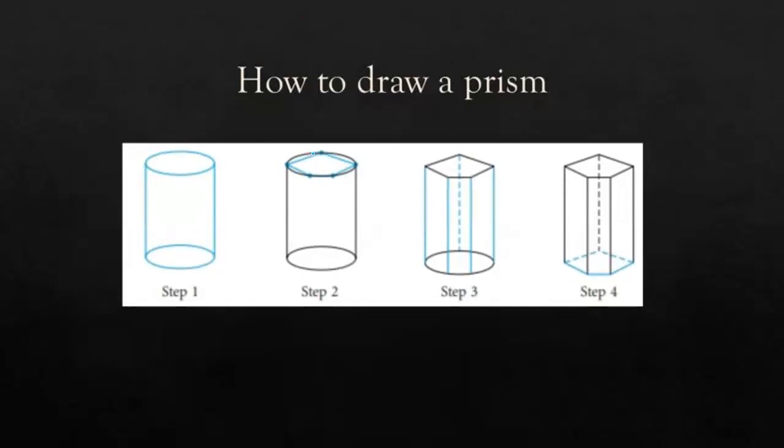So whatever shape you want for your base, you're going to have to draw it kind of squished to fit into the view that we're drawing from. And then once you have that base at the top, you connect your lines straight down. These are vertical lines, and then any in the back would be dotted because we don't actually see them through the solid. And then we make our bottom base the same as our top.